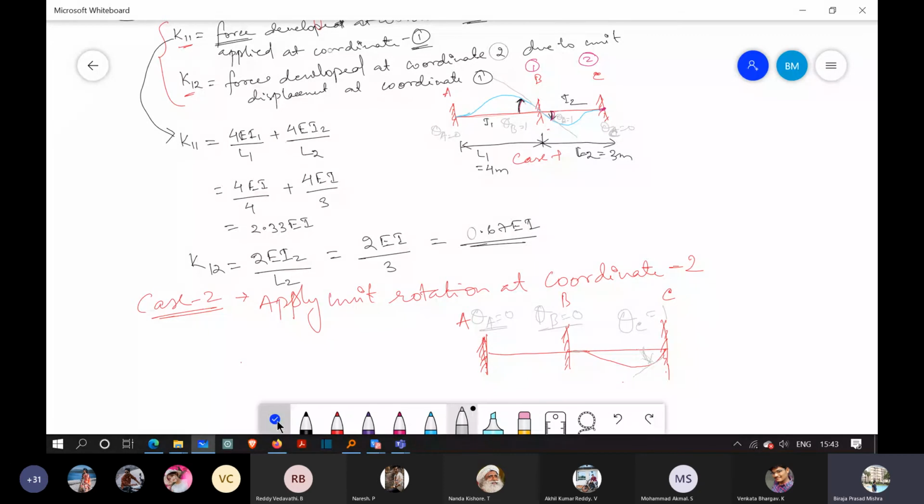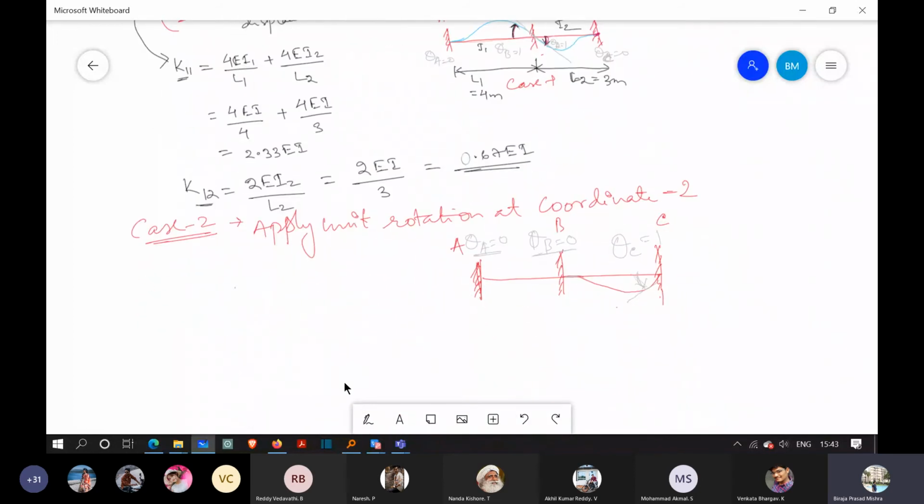Now, just like K11, K12, what are the other things left? That is K21 and K22.